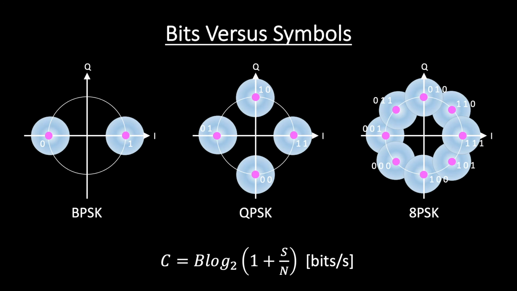If I have more bandwidth, I can put more data down. If I have small bandwidth, I can't. And the signal-to-noise ratio: if the signal-to-noise ratio is too small, meaning there's more noise than signal, then I better be transmitting BPSK, because I can't figure out what the symbol is. If it's a large signal-to-noise ratio, meaning those bubbles are small, then I can do 8 PSK and get lots of information down, okay?